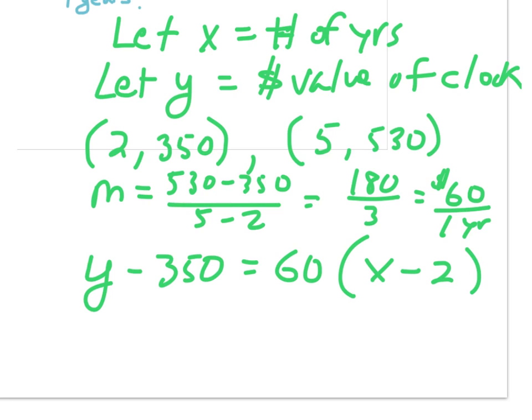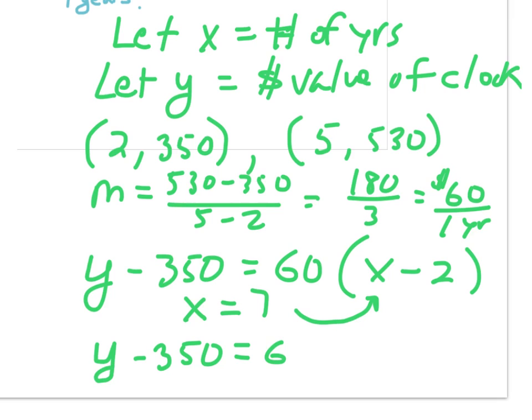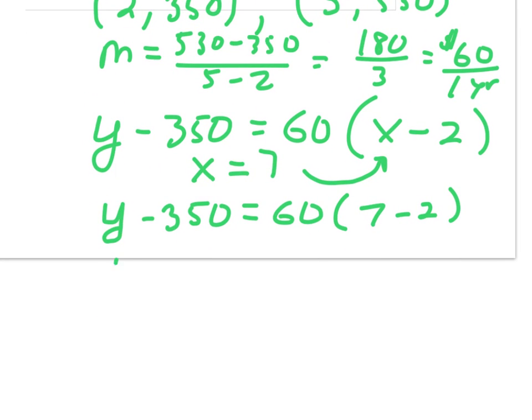Now, if I want to find out what that clock is worth after 7 years, I'm just going to say x equals 7, put it in there, and solve this equation for y. So y minus 350 equals 60 times the quantity 7 minus 2. That means y minus 350 equals 60 times 5.